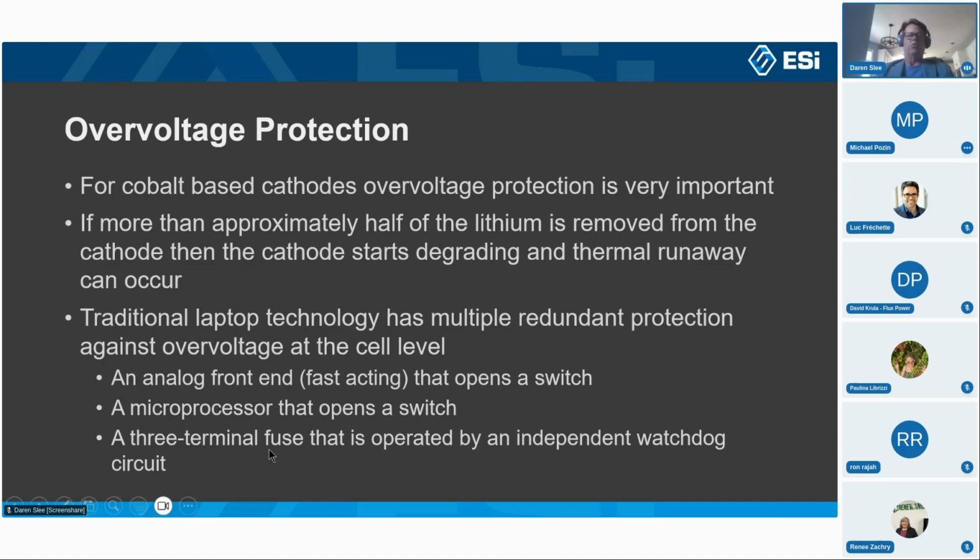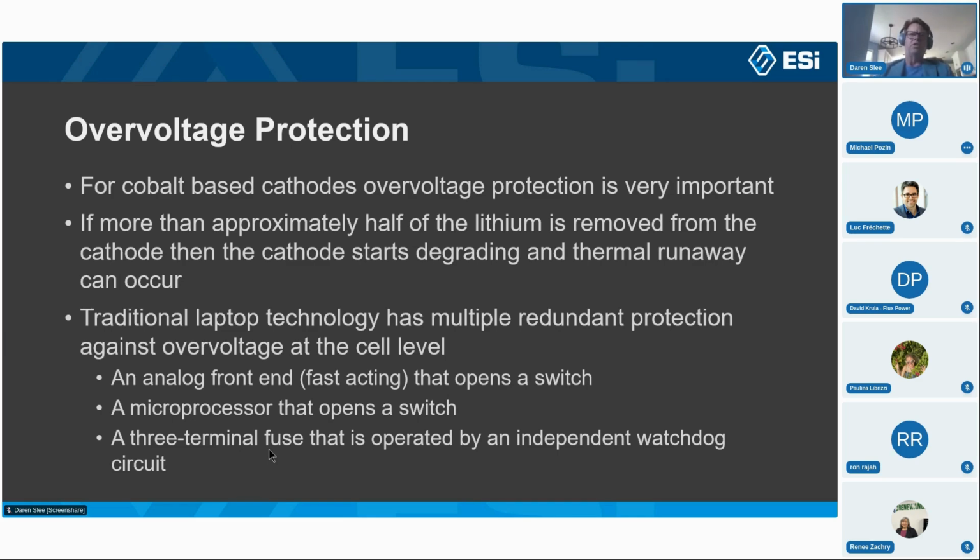If that doesn't work, there's typically a completely independent circuit that is watchdogging the cells that can open a 3-terminal fuse and permanently disable the battery. That 3-terminal fuse is electronically controlled from that watchdog, and it operates by generating heat in internal resistors.